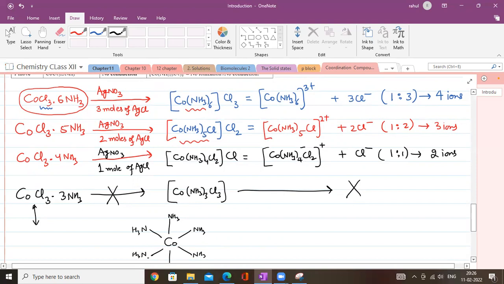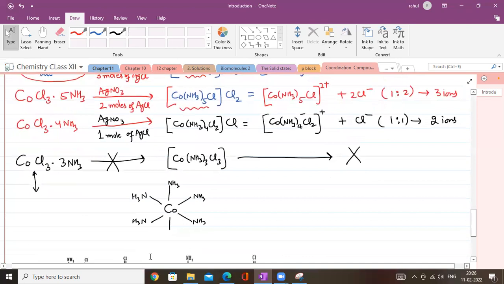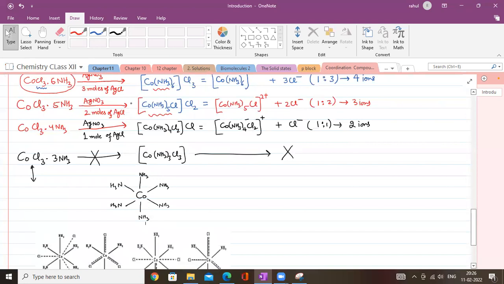So total 5, and then 1 will be at the bottom here. Those chloride ions which I was talking about, if you might have seen in my first compound, I've written 3 chloride ions. These 3 chloride ions were shown with dotted lines because they are ionizable, or of course they are capable of giving you the test.